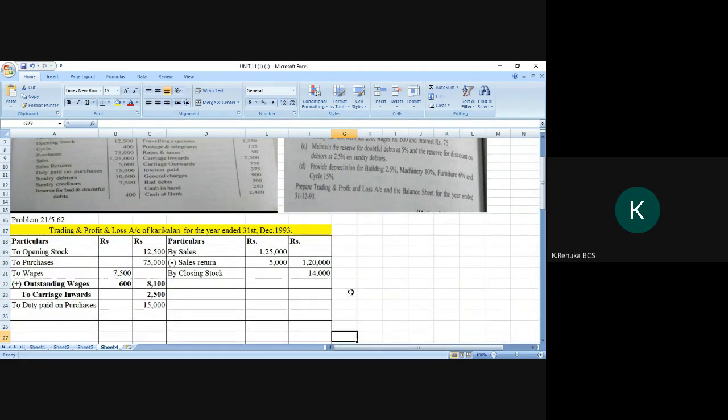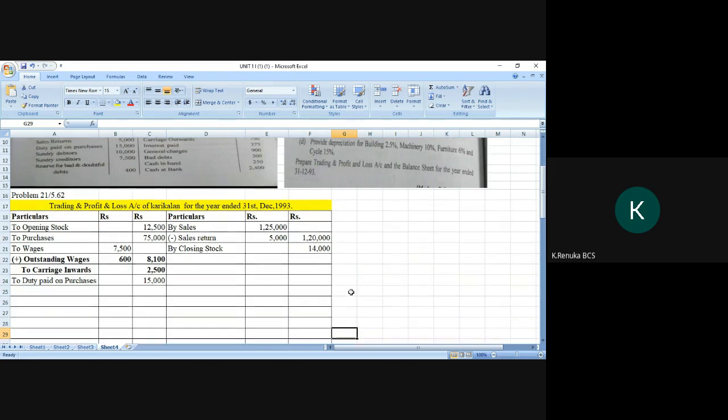So first, now we have entered all the items. Now we are going to close the trading account by totaling both sides. On the credit side we have got 1,34,000. The same value should be adjusted with the debit side also.